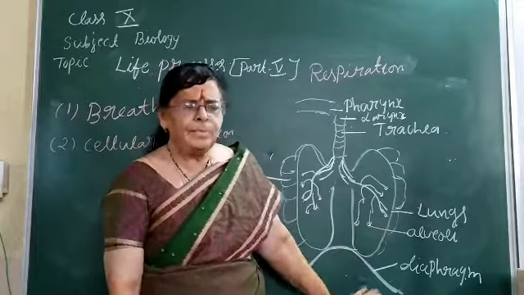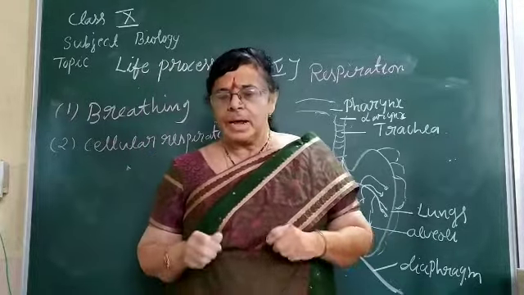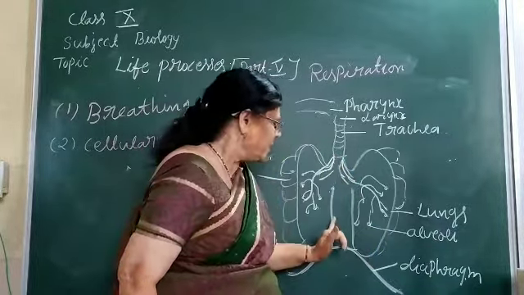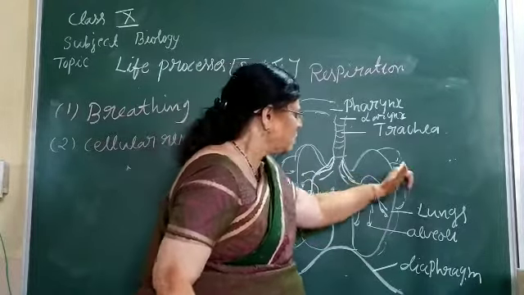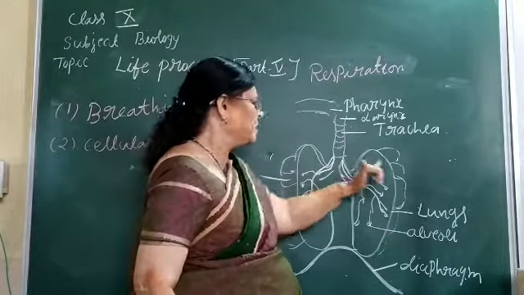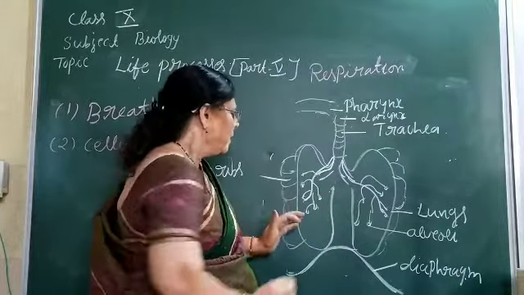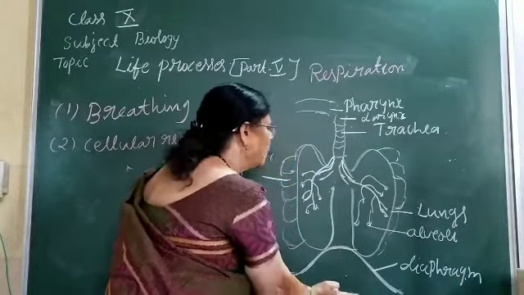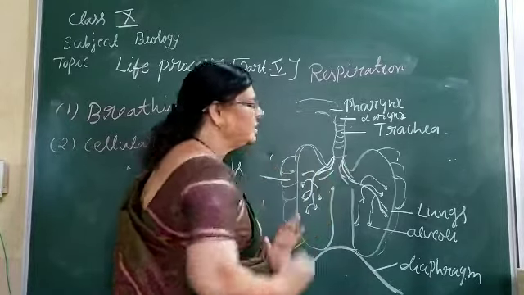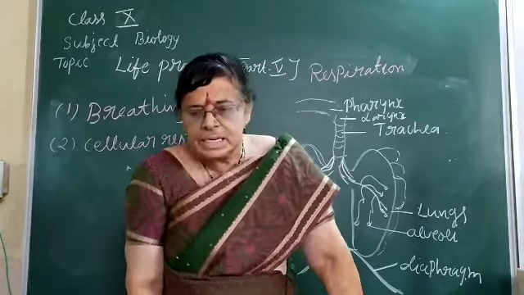First, the diaphragm comes down. When the diaphragm comes down, the ribs, which are provided with a special kind of muscles called intercostal muscles, also expand. As the diaphragm comes down, the space in the chest cavity increases.